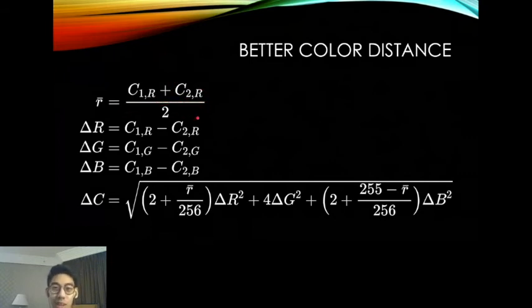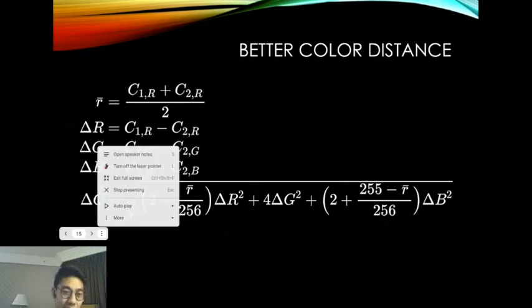It's the average of the reds, basically. So we have this average red color. And then we have our delta R, delta G, delta B, which is essentially what we did with Euclidean distance. And there's this big square root function down here, which is like, oh boy, I don't like this. But it's actually not that crazy.